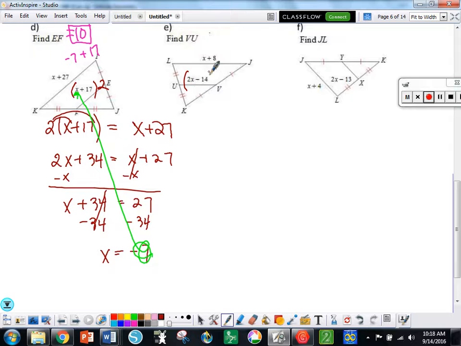So if I wanted to find out how big x was, what do I do with that inside number? I'm going to double this. When I do, I get 4x minus what? 28 equals what?